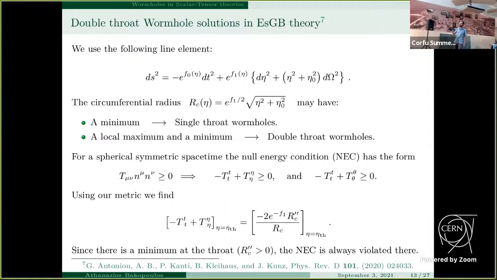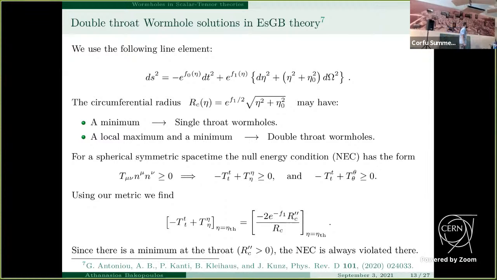And also these solutions may have a new feature, a double throat topology. We used this metric, and now the circumferential radius may have a minimum, which leads to a single throat solution, or a local maximum and a minimum, which leads to a double throat solution.